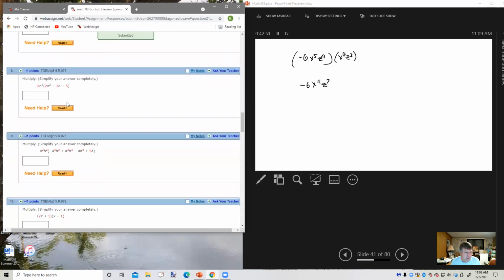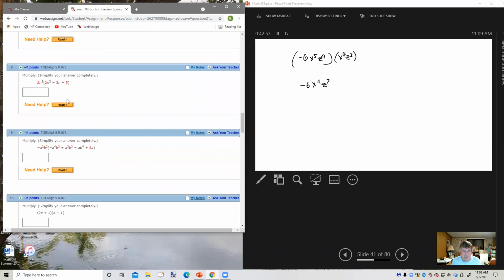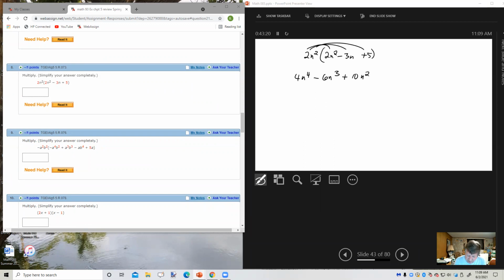Let's take a look at this one. Again, I'm not going to have time to get through everything. 2n squared times the quantity 2n squared minus 3n plus 5. 2n squared times 2n squared is 4n to the 4th. 2n squared times minus 3n is minus 6n cubed. And 2n squared times plus 5 is plus 10n squared.